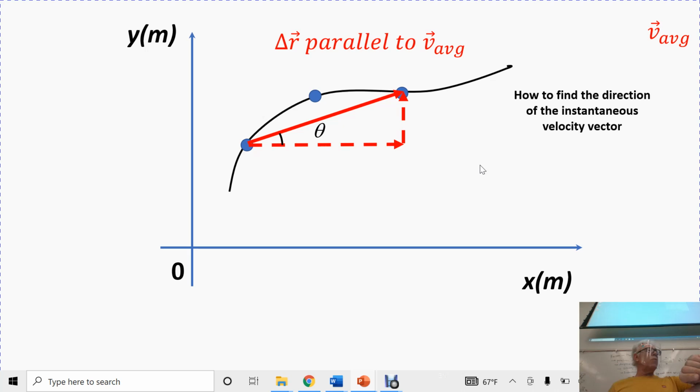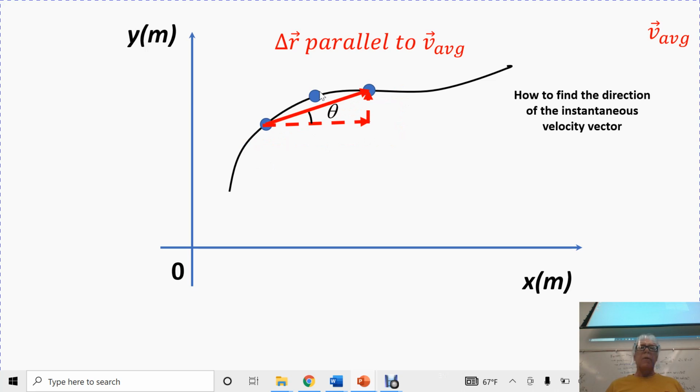As delta t goes to 0, delta r goes to 0 too, right? So I'm going to get points that are closer and closer to the initial position. Instead of this point, it's going to be this one now. I want to find out the instantaneous velocity at this point.